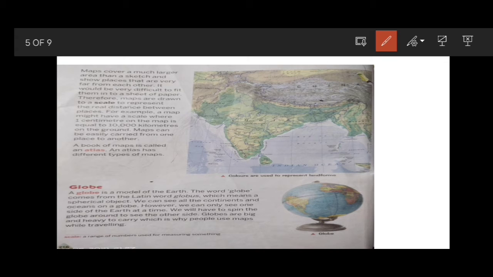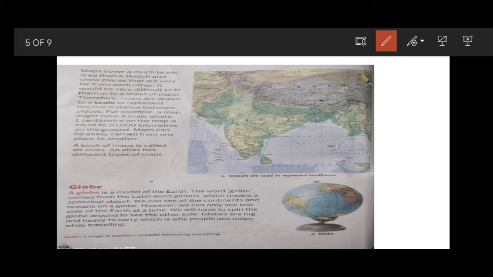It would be very difficult to fit them into a sheet of paper. Therefore, maps are drawn to a scale to represent the real distance between places. For example, a map might have a scale where 1 centimeter on the map is equal to 10,000 kilometers on the ground. Maps can be easily carried from one place to another.